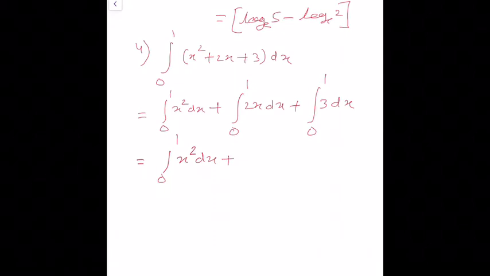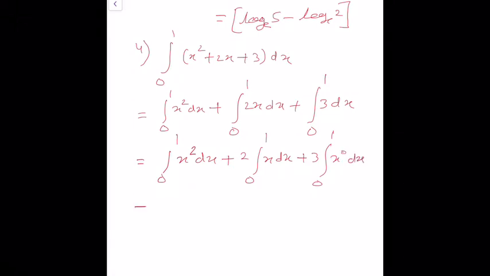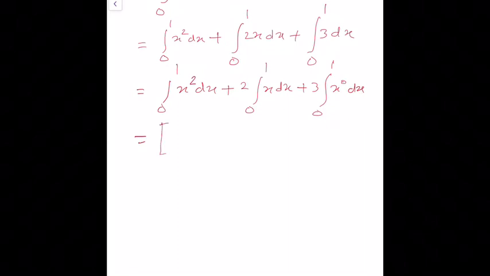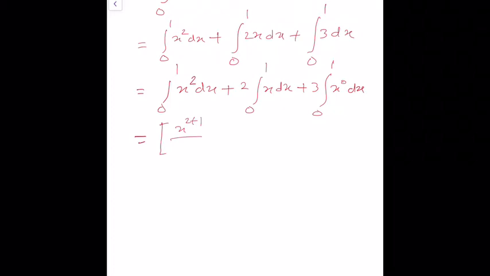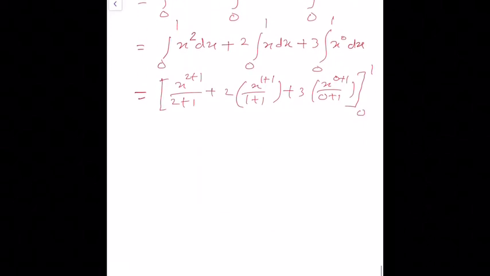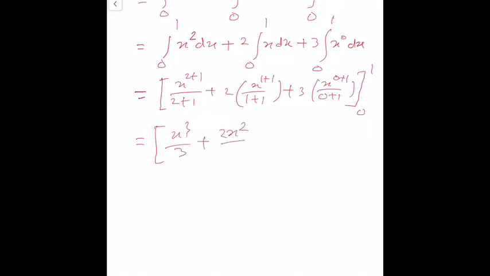Write the constant outside the integration sign, means 2 times 0 to 1 x dx, 3 times 0 to 1 x to the power 0 dx. x square means x to the power 2 plus 1 divided by 2 plus 1, plus 2 x to the power 1 plus 1 upon 1 plus 1, plus 3 x to the power 0 plus 1 upon 0 plus 1, limit from 0 to 1, or x cube upon 3 plus 2x square upon 2 plus 3x, limit from 0 to 1.